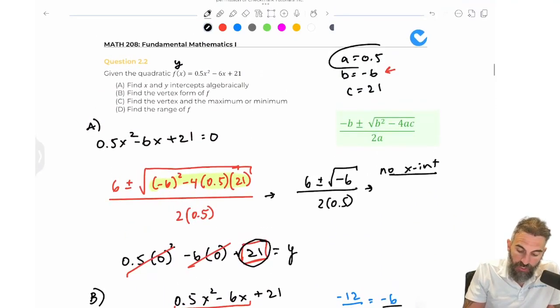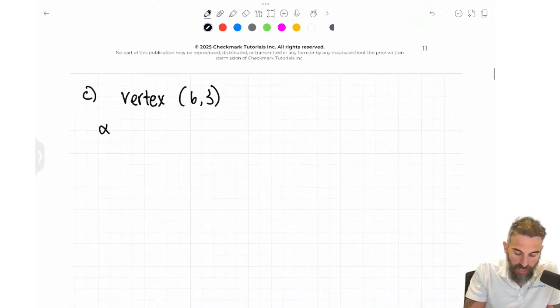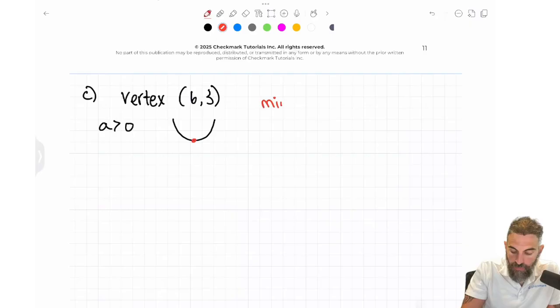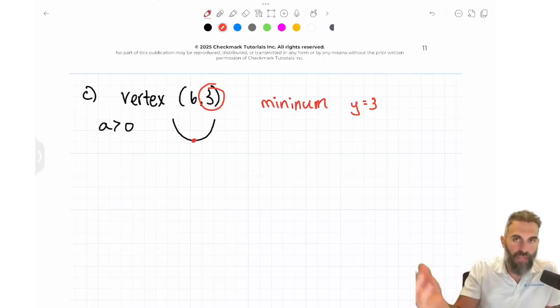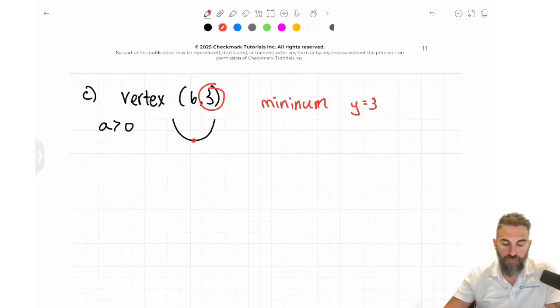Since a is positive, we know that it's smiling, which means it has a minimum. The minimum of this equation is always the y-coordinate of your vertex. Same with the maximum. The maximum would also be the y-coordinate of that vertex.